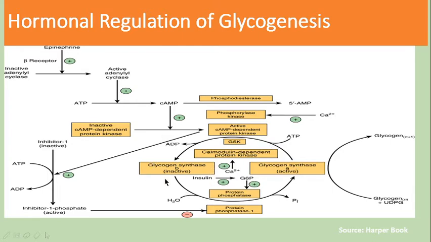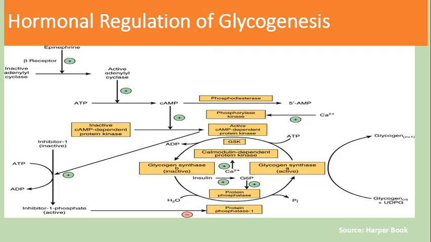The main regulatory key enzyme is glycogen synthase. It exists in two forms, the phosphorylated form and the dephosphorylated form.